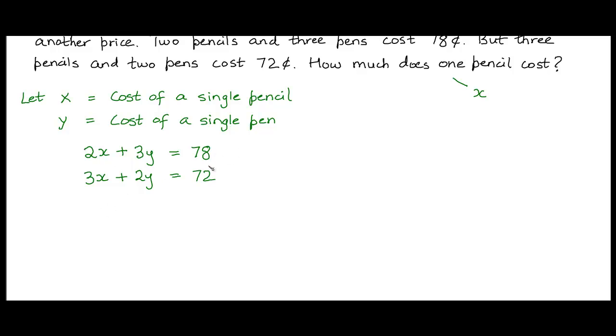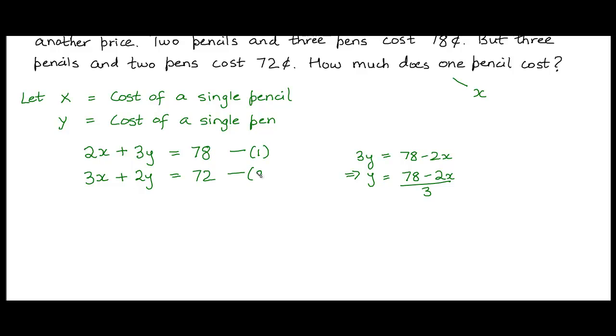If 2x plus 3y is 78, then 3y would be 78 minus 2x. This means y would be (78 minus 2x) divided by 3. So we have solved for y in the first equation.